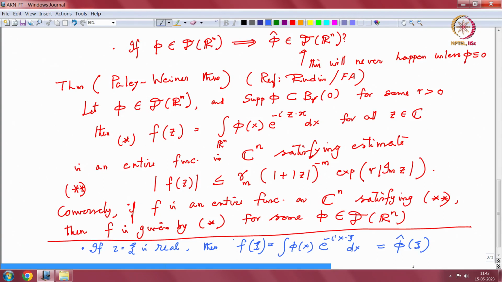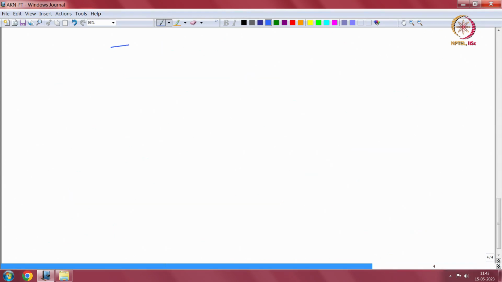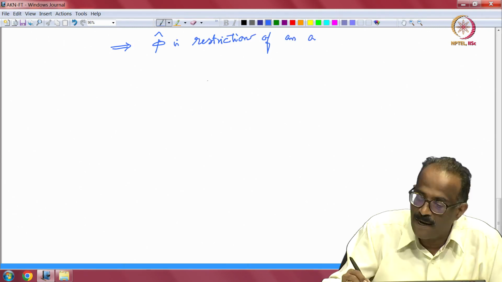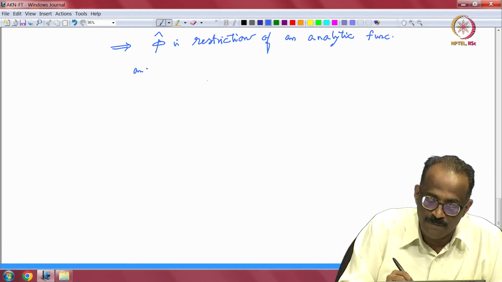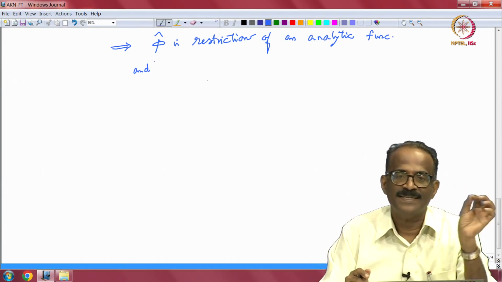So, what does this imply? The above thing implies your phi hat is the restriction of an analytic function, and hence it cannot vanish outside a compact set, because the zeros of analytic functions are discrete.